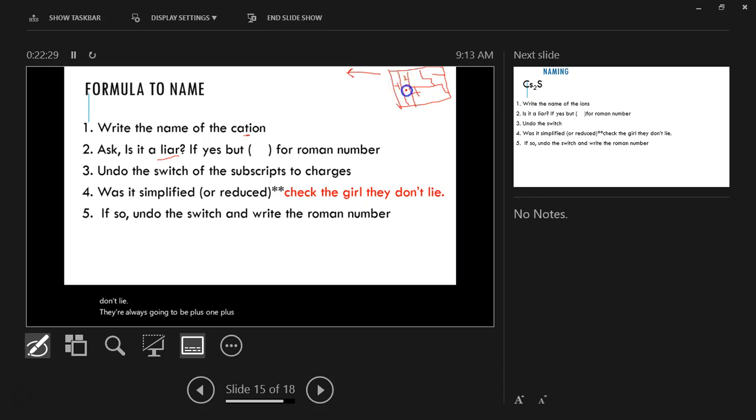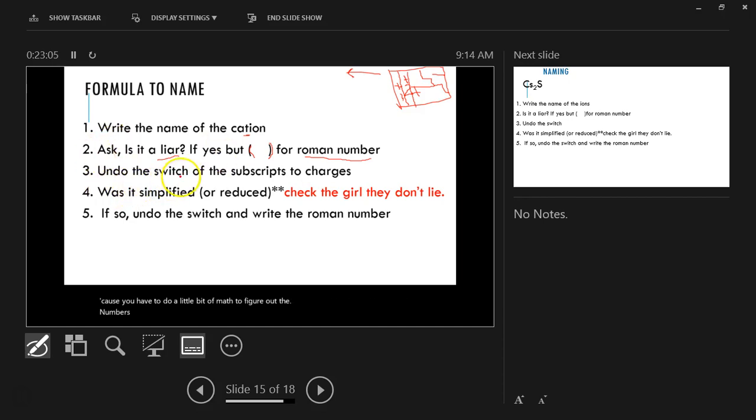But there are a lot of guys in the short section of the periodic table that have more than one oxidation state, and those are the ones we have to write a Roman numeral for. So if it has more than one oxidation state, when you go look up its name, you're going to write Roman numerals in parentheses, but just write the parentheses for now because you have to do a little bit of math to figure out the numbers.